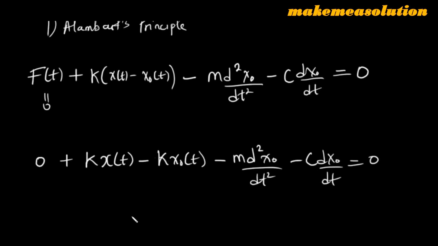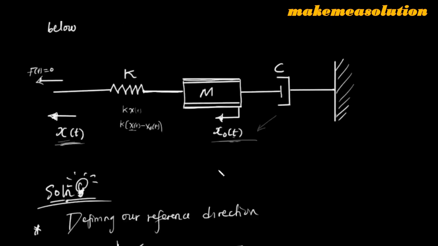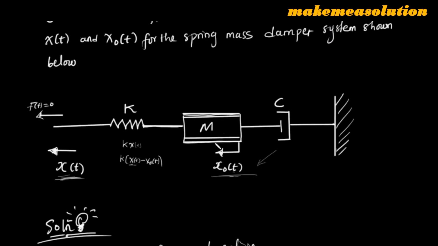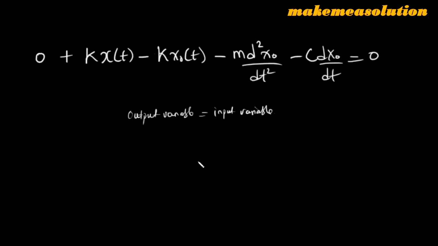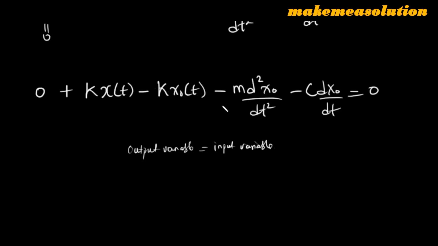So a good way to express your equation is output variable is equal to inputs. The output variable will most likely be the variable associated with the mass of the system. The input variable is the one at the extreme edge, or the one close to the input force. So I'm going to put all the x naught terms on the left hand side, and take all the x terms to the right hand side.